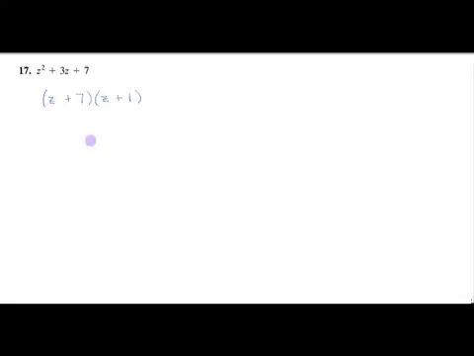If I check the outside and the inside, that's a z, and a 7z is 8z. That's not what I need. And it doesn't matter if I put a 1 here and a 7 here because my z's are the same. So basically, we cannot factor this polynomial. It's going to be prime for us.